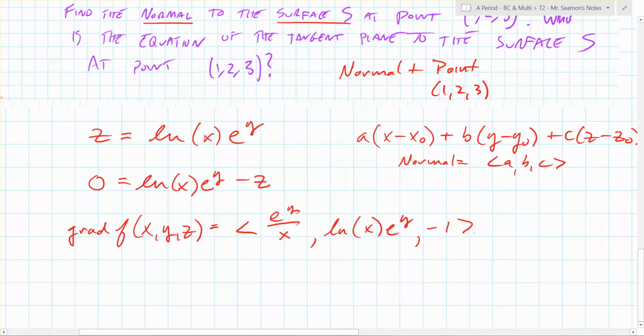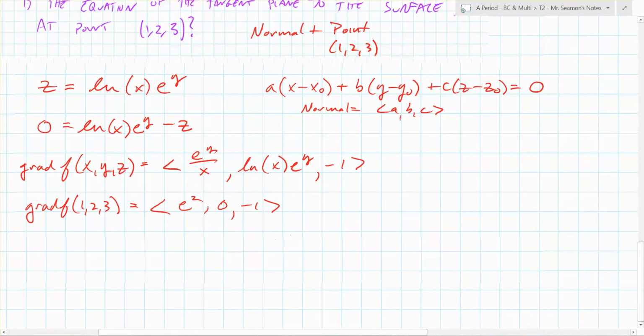Negative 1. So then what do you plug into this? So you end up with e squared over, oh, it's just e squared, huh? Yeah. Nice. E squared, and then you have ln of 1. What's ln of 1? 0, and then negative 1.